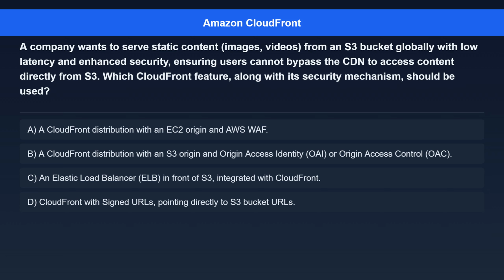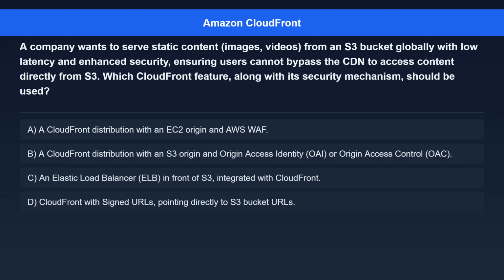Question 7. A company wants to serve static content, images, videos, from an S3 bucket globally, with low latency and enhanced security, ensuring users cannot bypass the CDN to access content directly from S3. Which CloudFront feature, along with its security mechanism, should be used? Option A, a CloudFront distribution with an EC2 origin and AWS WAF.